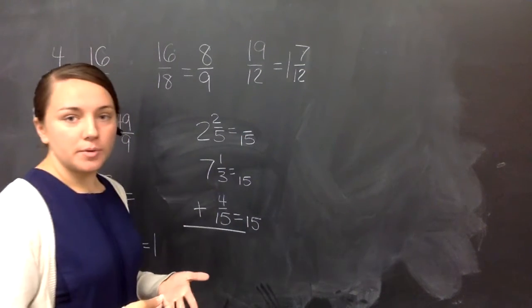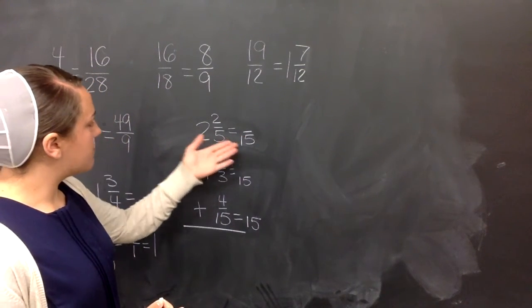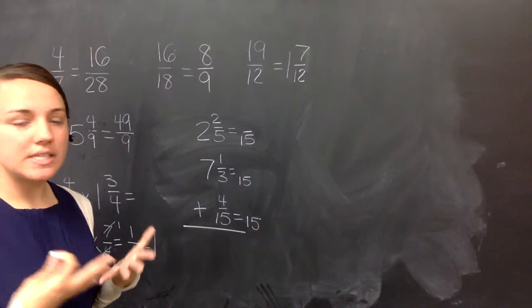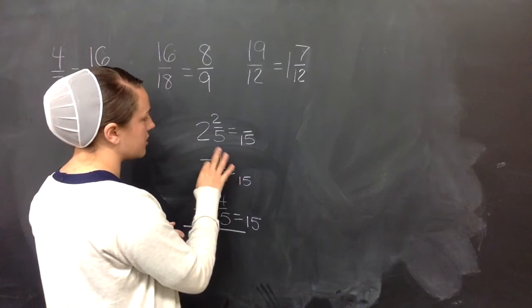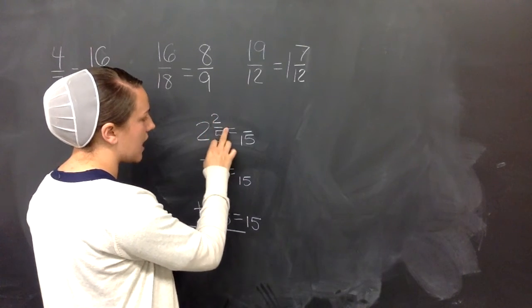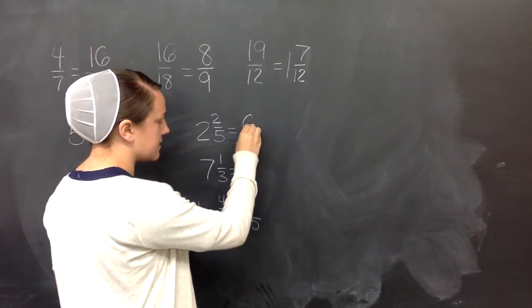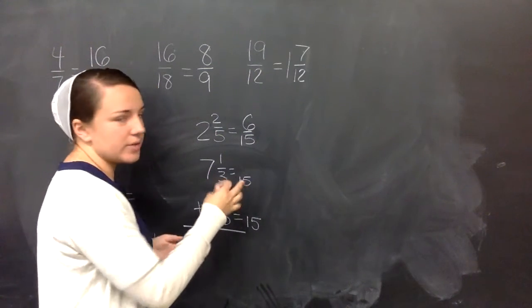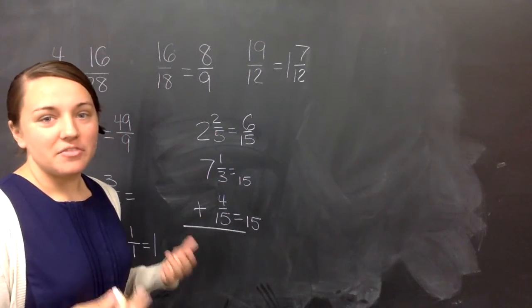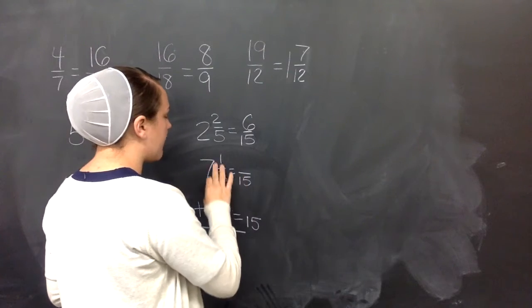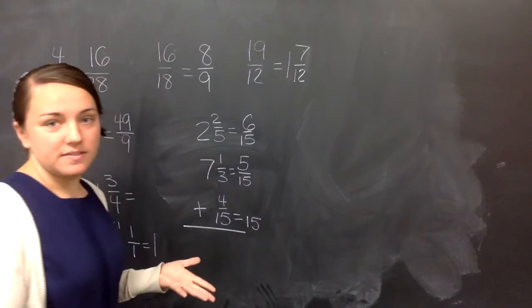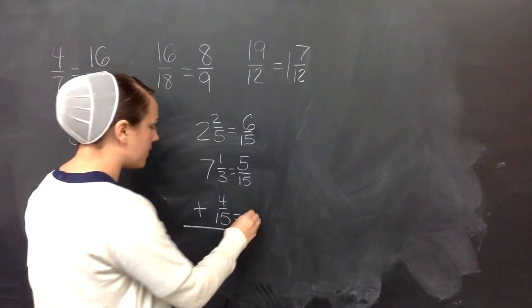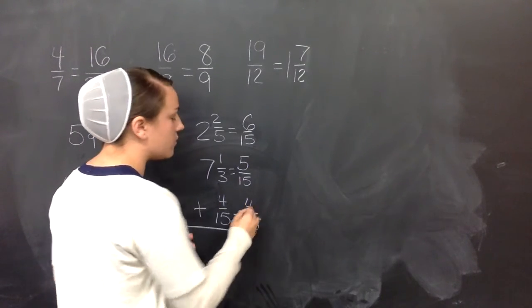Now to find our numerator, we're going to see how many times 5 goes into 15, and it goes into 15 3 times, so we're also going to go 2 times 3 equals 6. Now how many times does 3 go into 15? 5 times, so 5 times 1 equals 5. How many times does 15 go into 15? 1 time, so 4 times 1 equals 4.